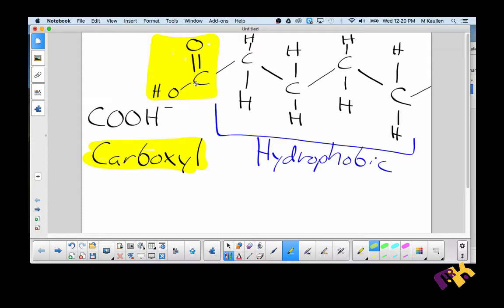You might be thinking, all right, well, if this makes it acidic, then how? What happens here? Well, we should remember what gives a solution a low pH.